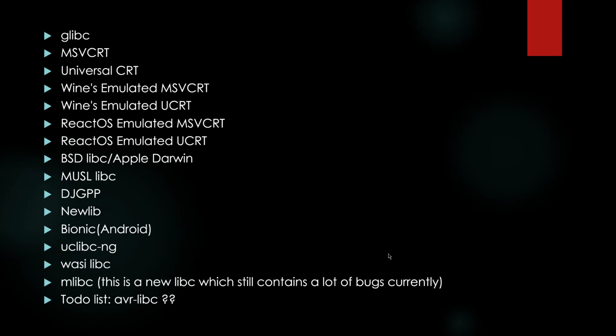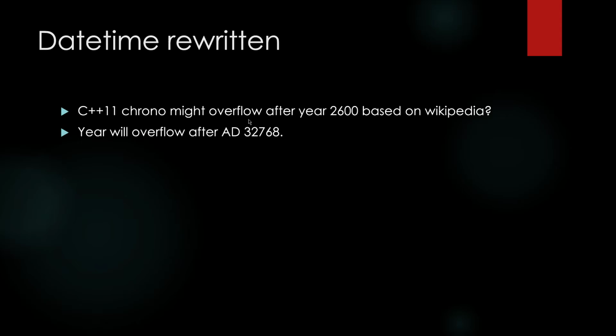So you don't actually need locale. It's nonsense. This time we need to rewrite it, right? Because the C++ chrono will overflow. According to Wikipedia, it will overflow after about 1600 years, and the year will also overflow after about 30,000 years later.